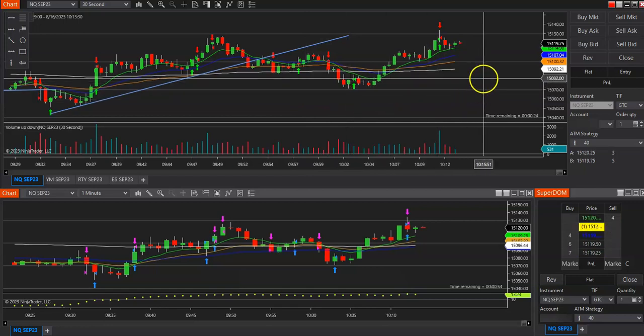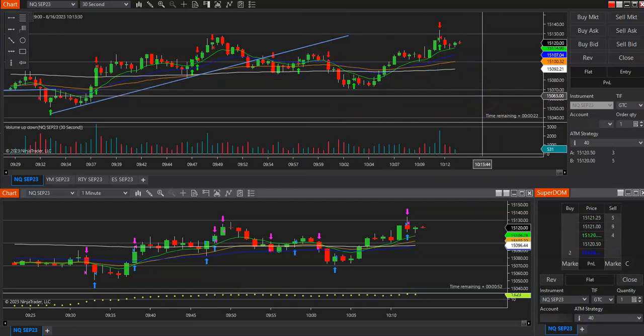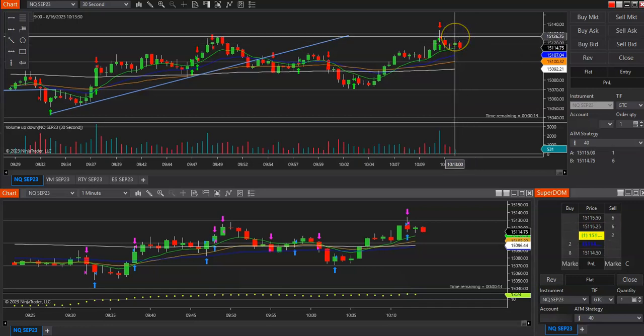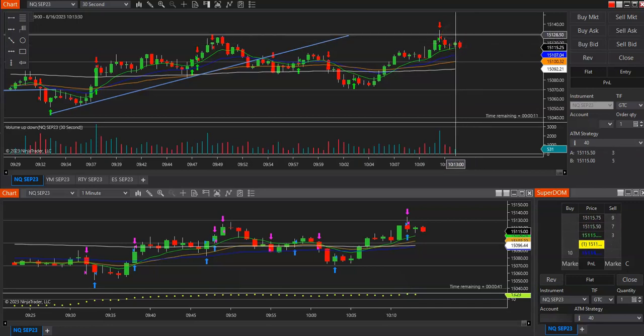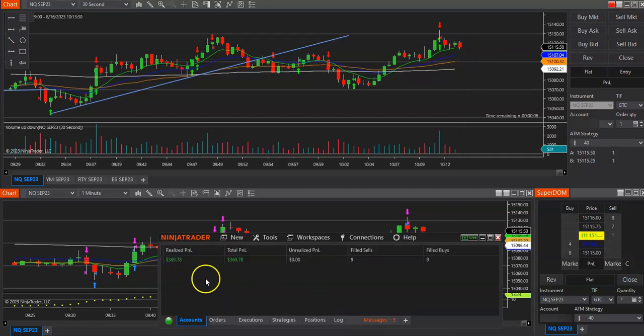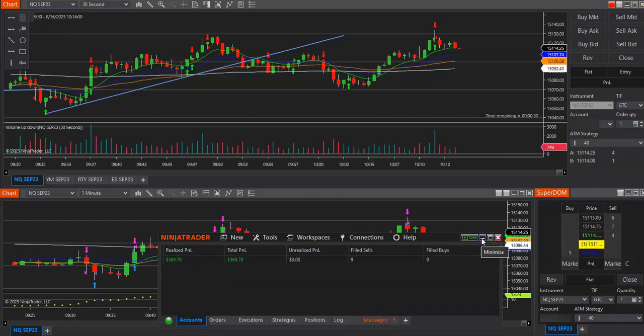Like I said, every time I press buy, I have my stop orders, and then I move them as quickly as I see that I'm in profit and it's moving my way. So I won't be having any downturn, but we have about $369, about nine quick trades. Not bad.